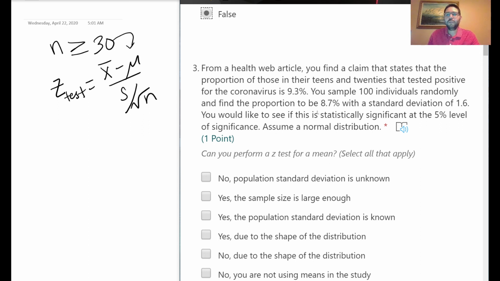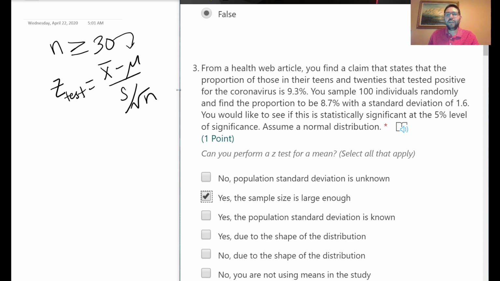So you want to perform a z-test, right? Well, we have to look at what our sample size is. It says you sample 100 individuals randomly, so our sample size is greater than or equal to 30. That's a good thing, so that means we can use the z-test. The sample size is large enough.